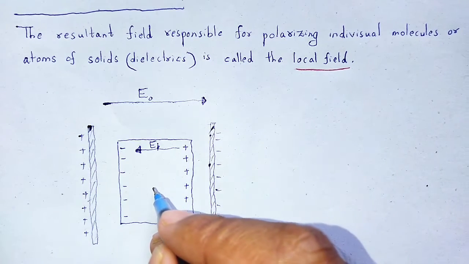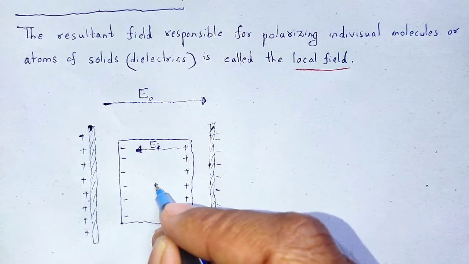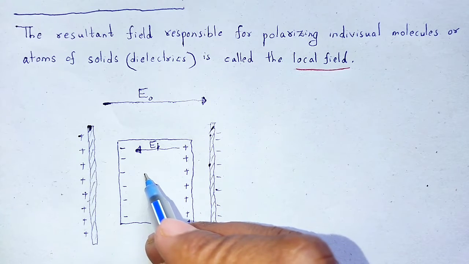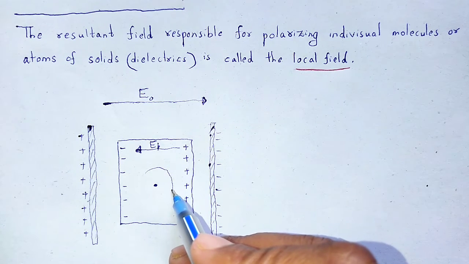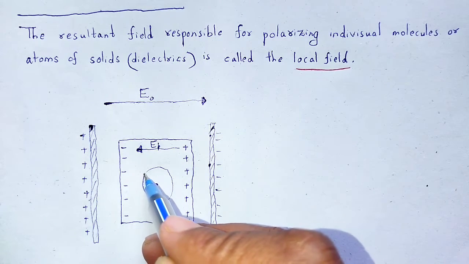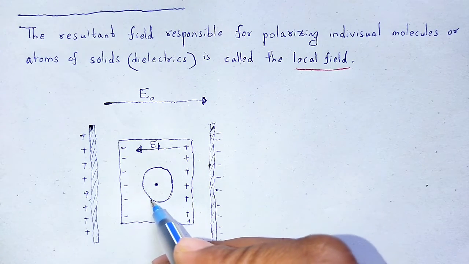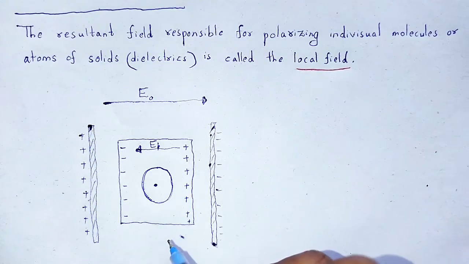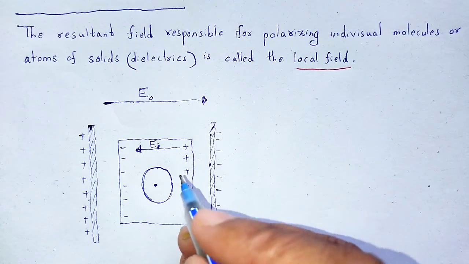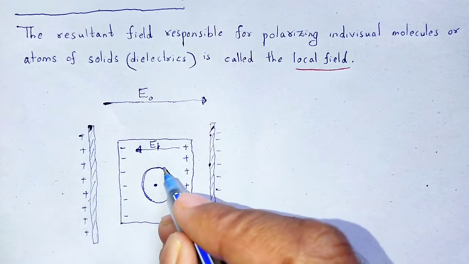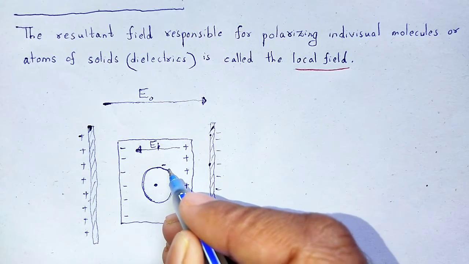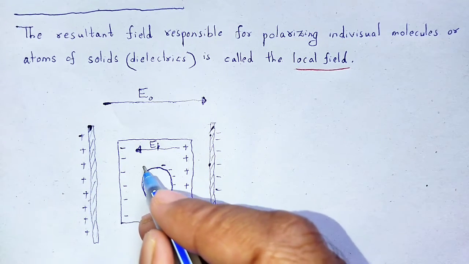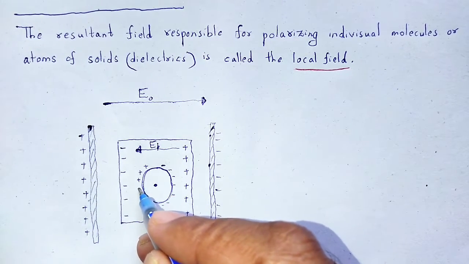If we take an atom inside that dielectric and assume a spherical surface around that atom, and that atom is present at the center of that spherical surface. Due to the process of induction at the surface, we assume that at that end negative charges are induced, on that end positive charges are induced.